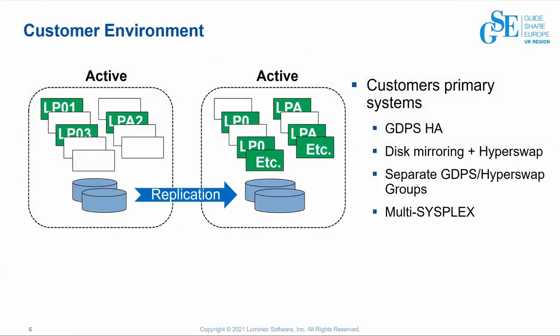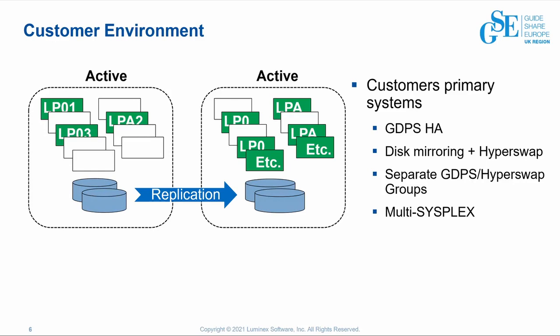So if I open the use case with a sample customer environment, I'm going to start with the customer's core environment as a GDPS HA model. Active. The model doesn't change if it's classed as active, passive, etc. But I'm going to put it in as active because it's more interesting.